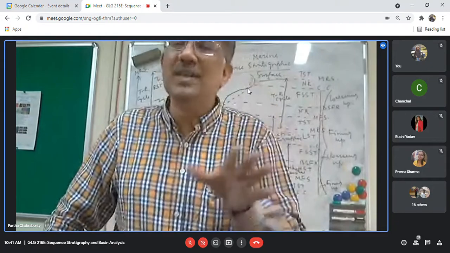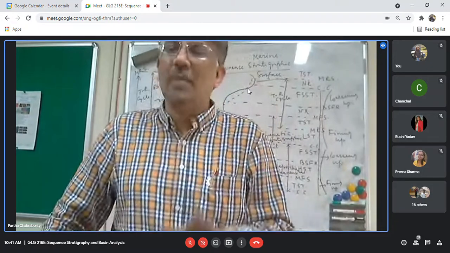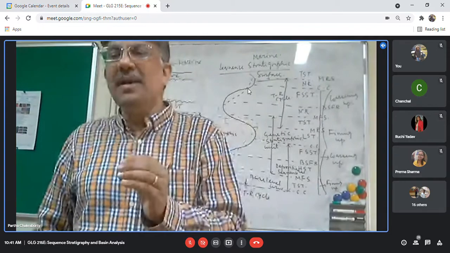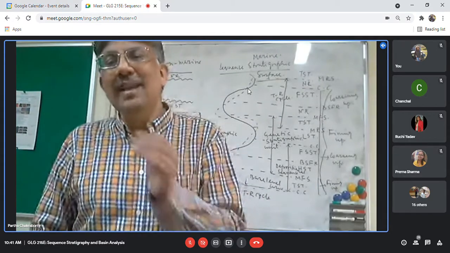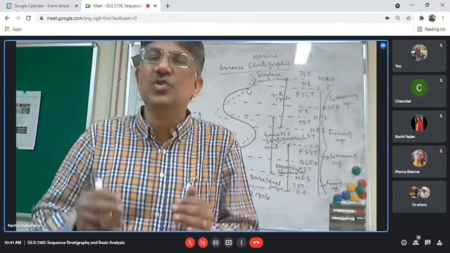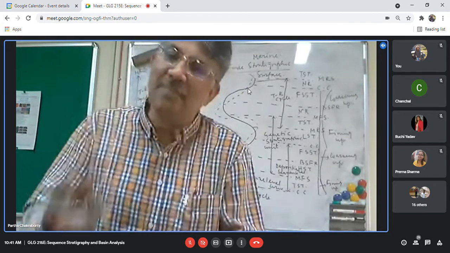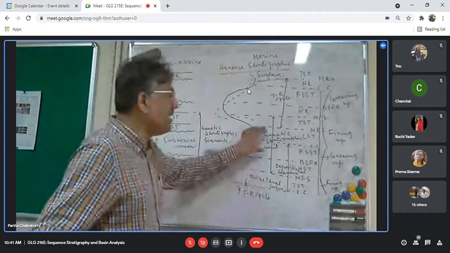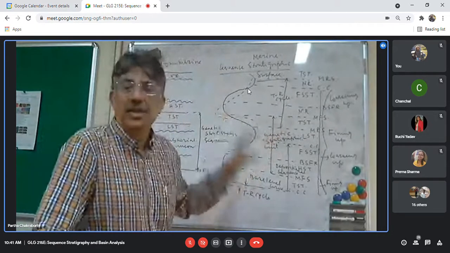Whenever you do seismic imaging of the subsurface, the MFS being the most areally extensive and continuous surface, it is easiest to pick up. So they subdivided and made it the genetic stratigraphic sequence.